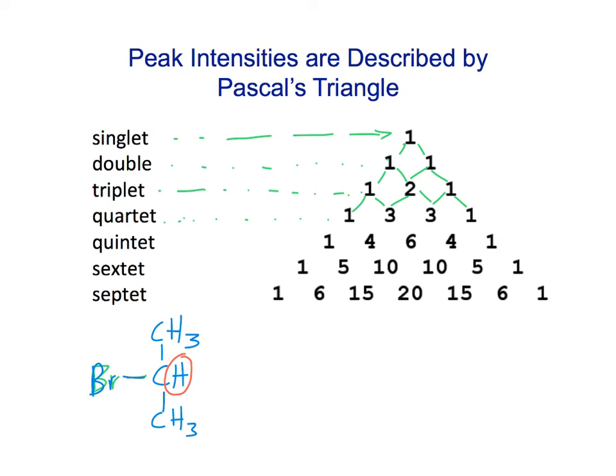Just 2, right? Because we have essentially a plane of symmetry that goes right down through the middle here. So we have one signal for the CH that I circled in red, and both methyl groups would be together in one signal. So if we think about this red signal, how many peaks would be in that signal?